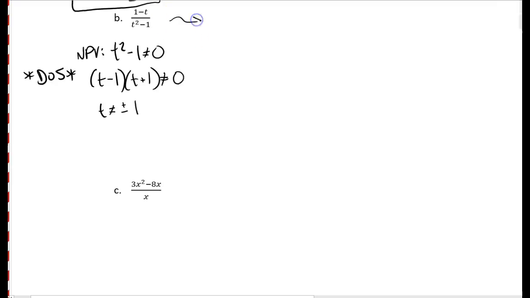Now comes the interesting part. I could multiply this by 1, but I can also look for things that maybe I can take out of this expression. So I know my denominator can simplify to my factored form, t minus 1, t plus 1. Well, that kind of looks like the numerator, except the t is negative and the 1 is positive in comparison to this first binomial in my denominator.